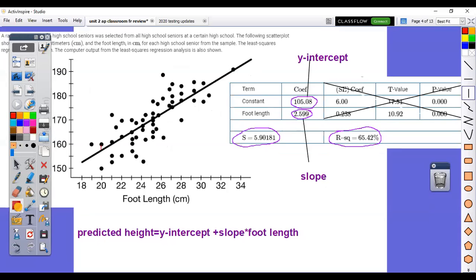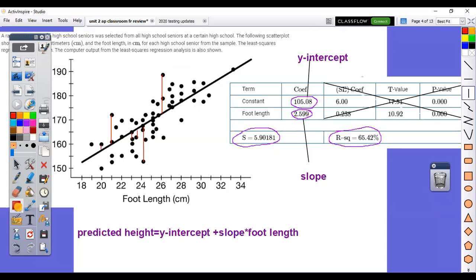They are, in reality, almost 3 centimeters taller than we would have predicted. This person is way taller than we would have predicted. This person is a little bit shorter than we predicted. Same with this person. This person is way shorter than we predicted.